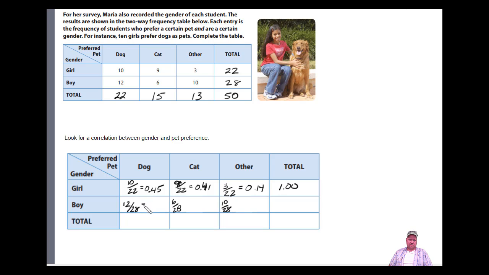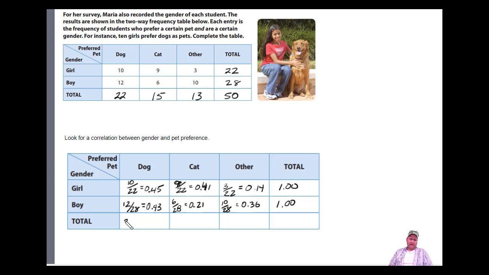And if I take those and divide them in our calculator, this comes out to be 0.43, and the cat, 6 out of 28, becomes 0.21, and 10 out of 28, the other, is 0.36. And 43 plus 21 is 64, plus 36 accounts for all of the boys.